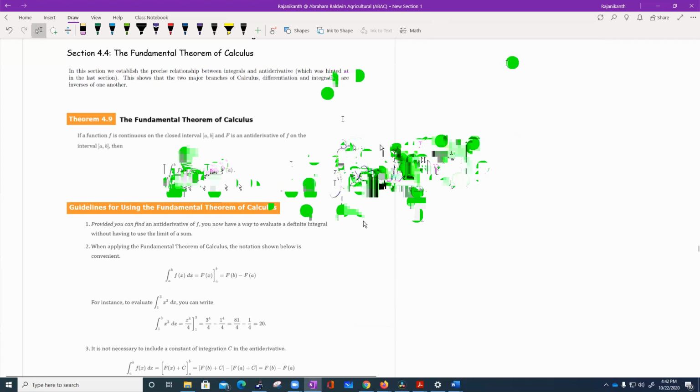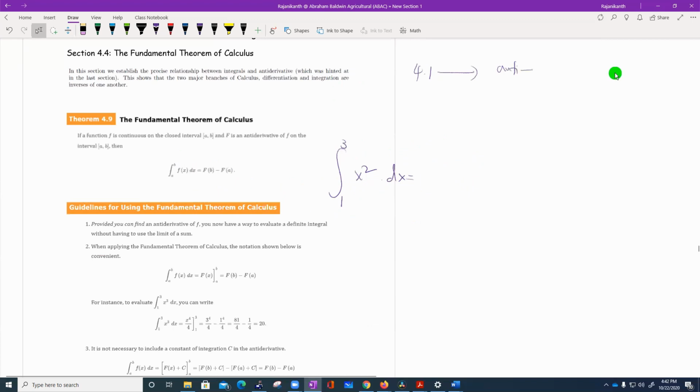Simply, you could go through 4.1, the antiderivative formula list. There you will find one formula for the power. So what is the antiderivative of x to the n? Do you remember? Go back and check 4.1.